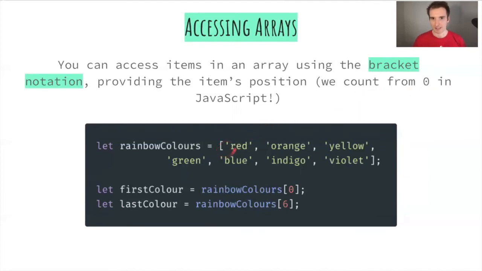So the first one is 0, the second one is 1, the third one is 2, and so on. So here we're saying, okay, rainbow colors of 0 in brackets. It's the 0th index, which is the first item in the array. So this first color variable evaluates to red. And then here we're saying, okay, rainbow colors 6 with the bracket notation. This will get us the 7th color in the array, which is violet.